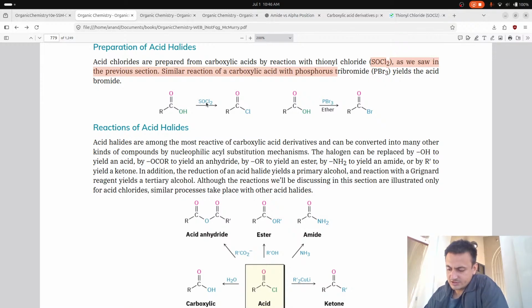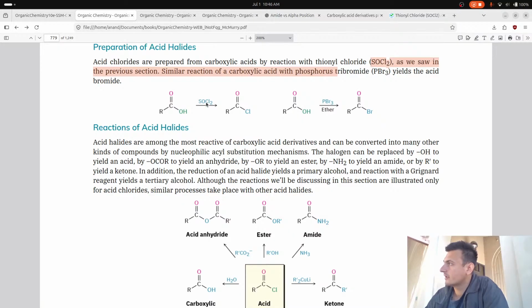So the hydroxyl oxygen lone pair dumps into a pi, which forces the oxygen pi lone pair onto a attack to sulfur, which forms an anion. The anion drops down, kicks off chlorine. Chlorine now is, or it's actually a chloride.